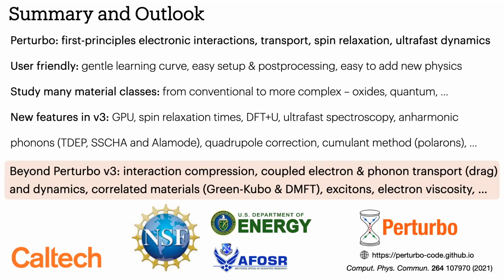It can, as you will see in this workshop, be set up fairly easily, provides tools for post-processing and for learning, and for easily adding new pieces of physics. We now have a wide user base, and so combined with our work and the work that's happening in the community, this tool has made it possible to study a wide range of materials from simple to complex, particularly oxides, quantum systems, correlated materials, and so on.